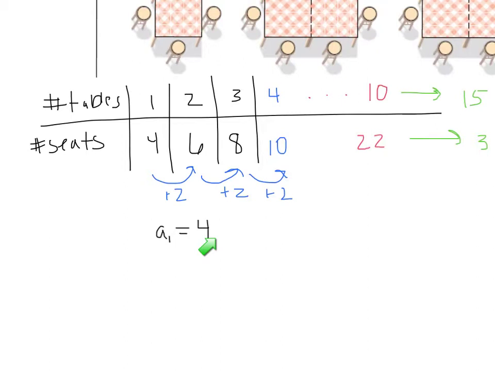Okay. And then we need to write a rule. So we say a sub n, that means any term, equals a sub n minus 1. That means the previous term. And we already said we were adding 2 each time. Okay. So you might want to jot this down just so you remember. This is our first term.